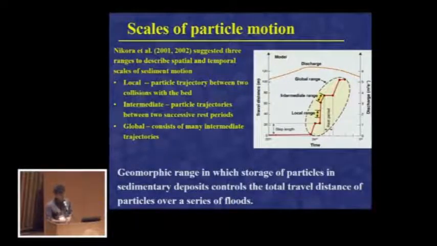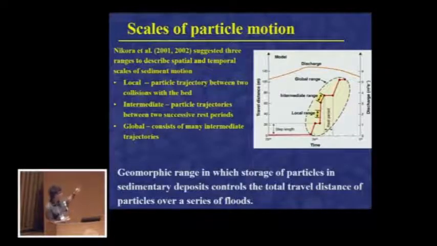We heard quite a lot of discussion and research about these local and intermediate scales, but I would like to look at the global scale that Nikora defined in a little bit different way, and I would like to look at it in terms of geomorphic.